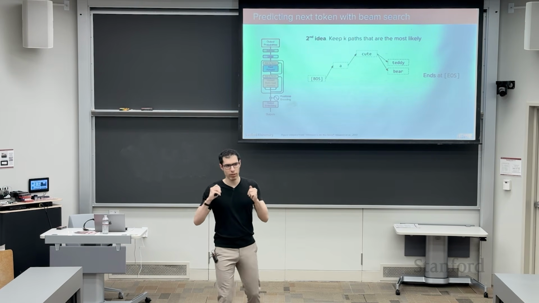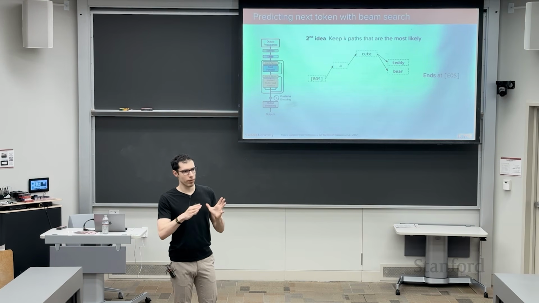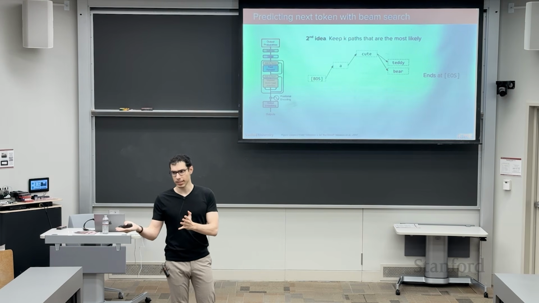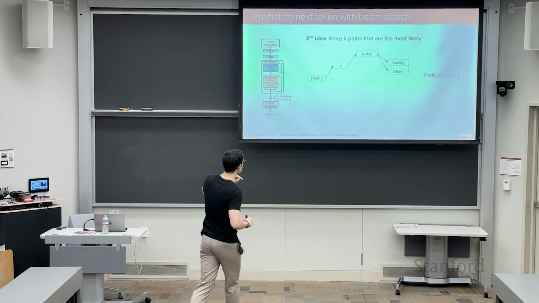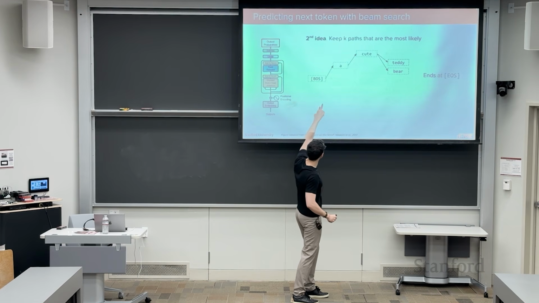People typically take the sum of the logarithm of the probabilities of the tokens. So the log probability of the sequence is the sum of the log probability of each next token prediction.